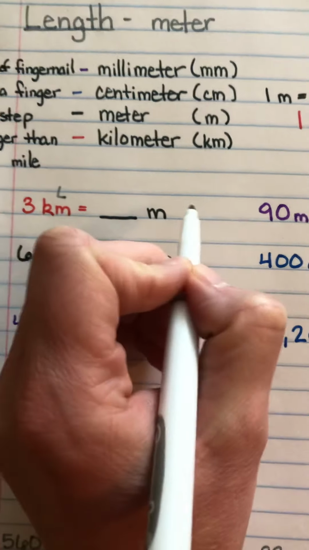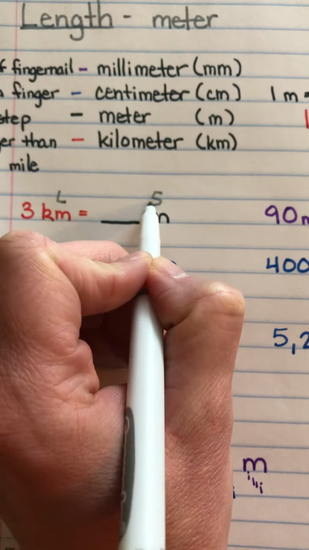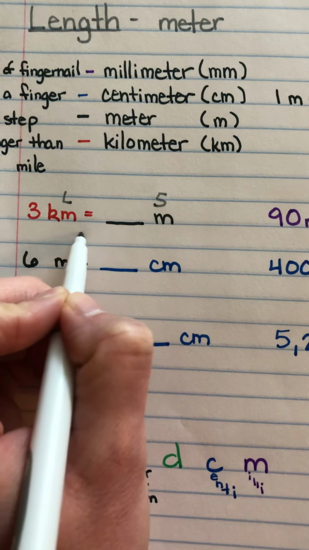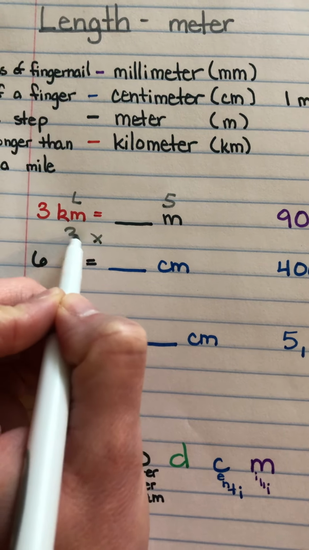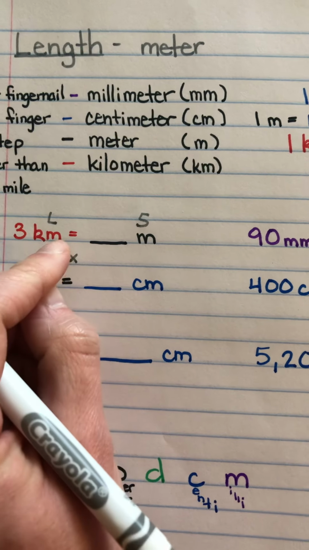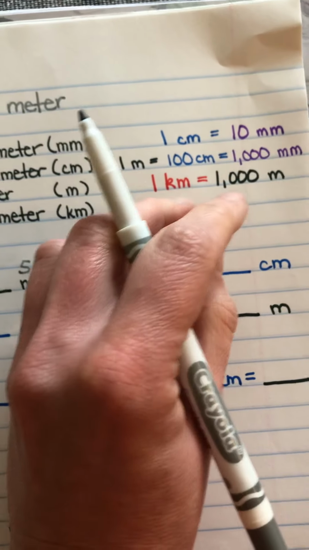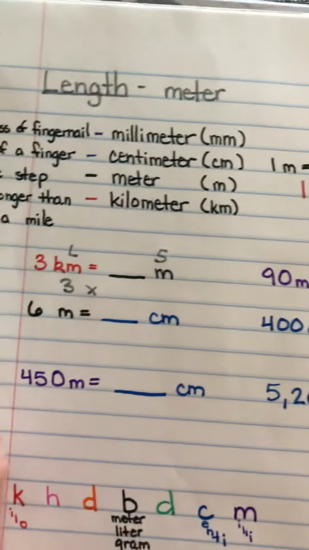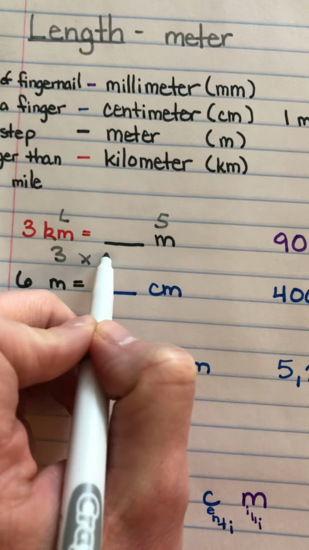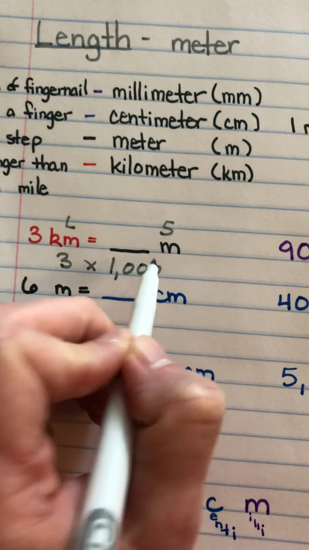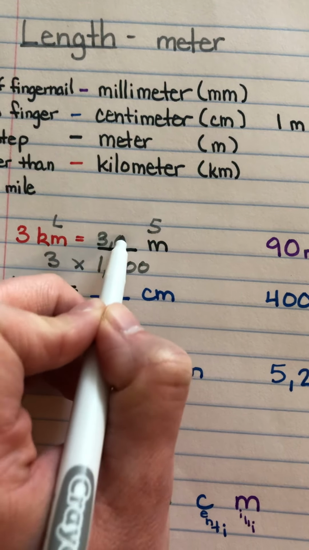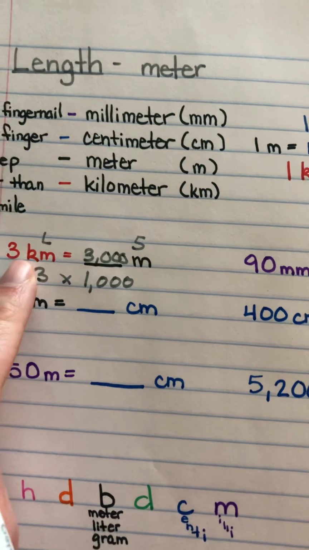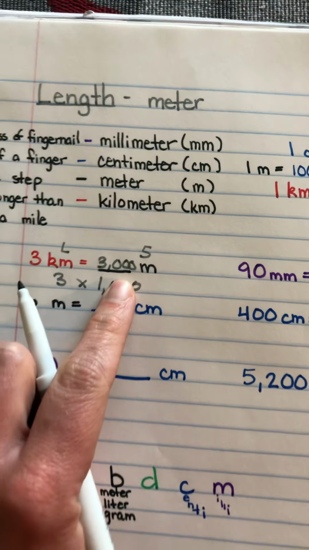Kilometer is large, meter is small, so I'm going large to small, so I'm going to multiply. I'm going to bring down the 3. I'm looking for kilometer to meter, so I come up here, the number is 1,000, so I have 3 times 1,000, which gives me 3,000. So 3 kilometers are the same as 3,000 meters.